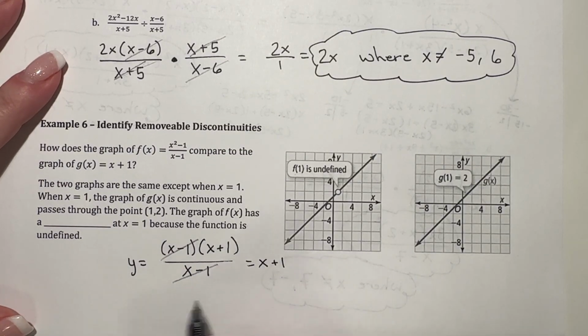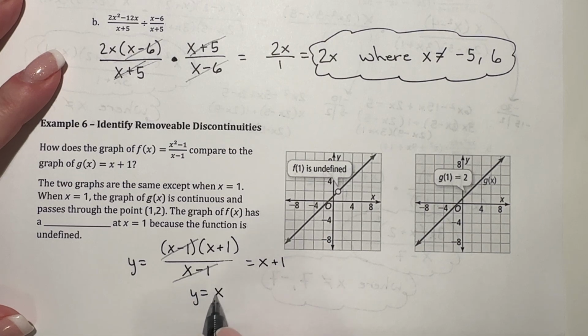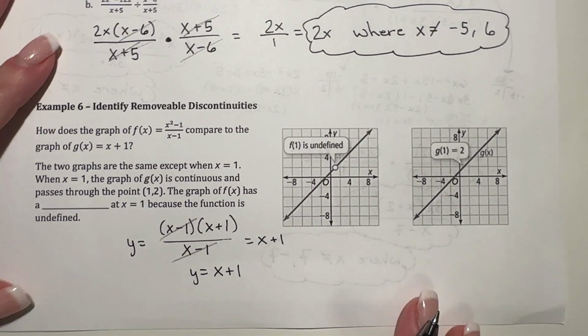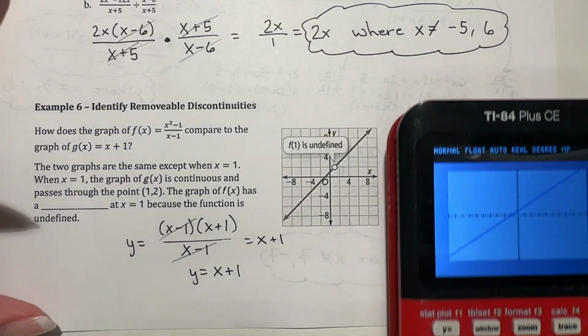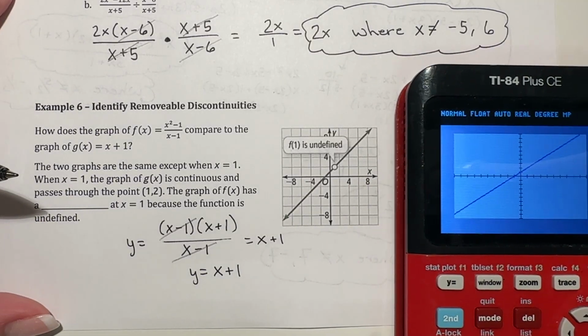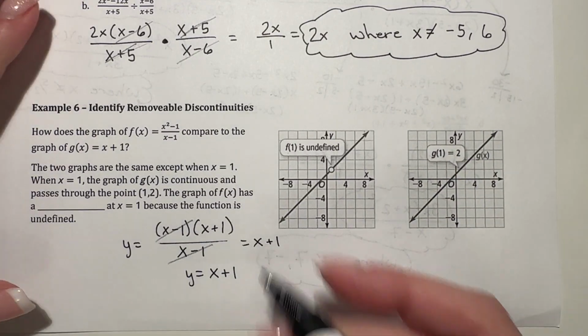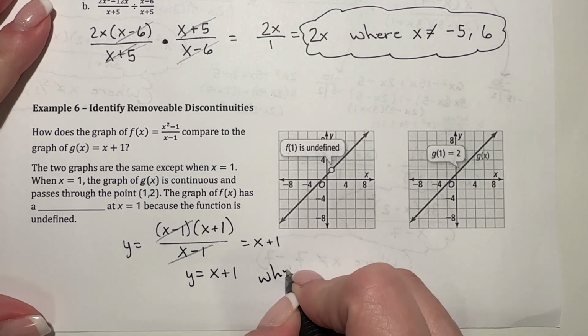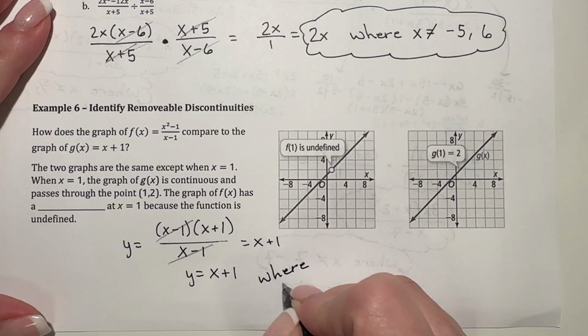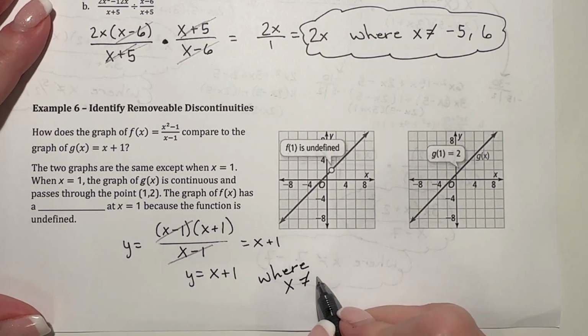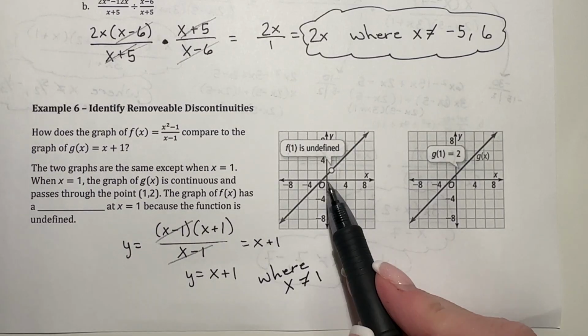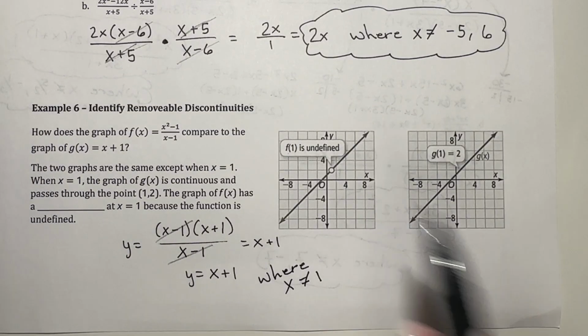So this means that y is equal to x plus 1. That just looks like a straight line, which is what you see graphed here. But remember, when we do this, we always say where x cannot be equal to, when we set this equal to 0, 1, which is why we put a hole in our graph.